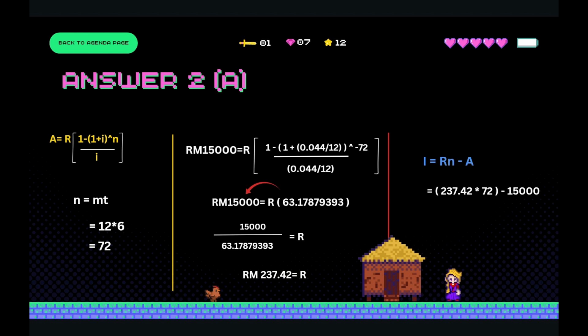We are going to use the interest formula, which is I equals Rn minus A. If we put in the information, it's going to be open bracket 237 ringgit 42 cents multiplied by 72 close bracket minus 15,000 ringgit, and then we will get 2,094 ringgit and 24 cents. That's the final answer for this question.